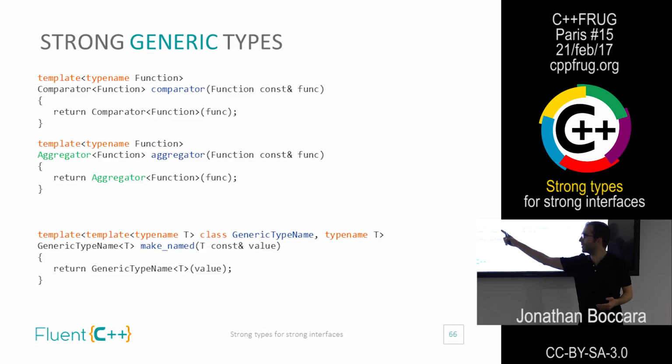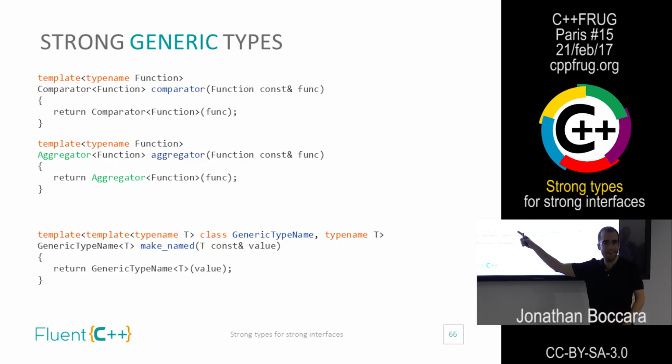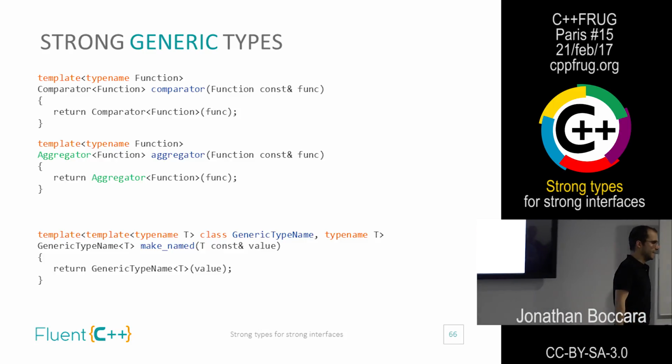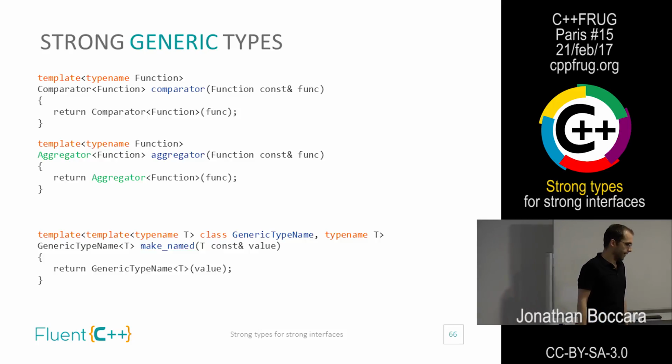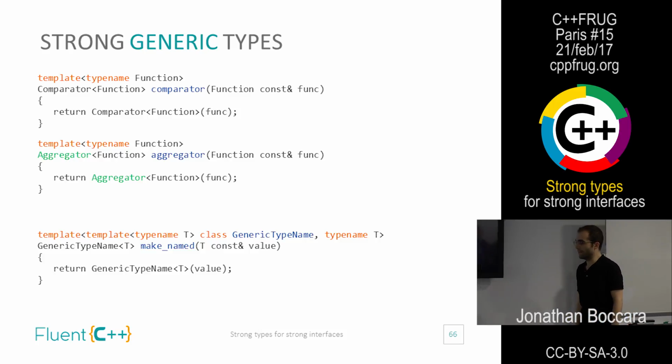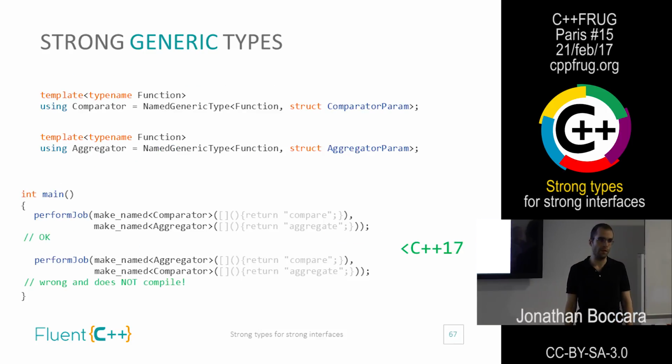So this is a template that's taking itself a T. For example, I'm passing Comparator here, which is a template, right? And so the final syntax for that, for the moment, is this, building a named object for that.